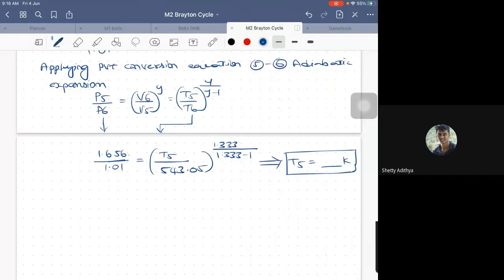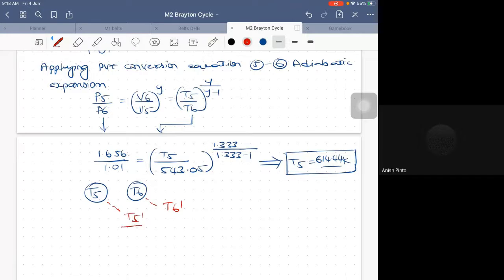Okay, so it is 614.44. Is the value correct? Yes, sir. Correct. Good. Now, T5 we have obtained, T6 we have obtained. Should I convert this to T6 dash and T5 dash? Is it necessary? T6 dash we need. Yes.